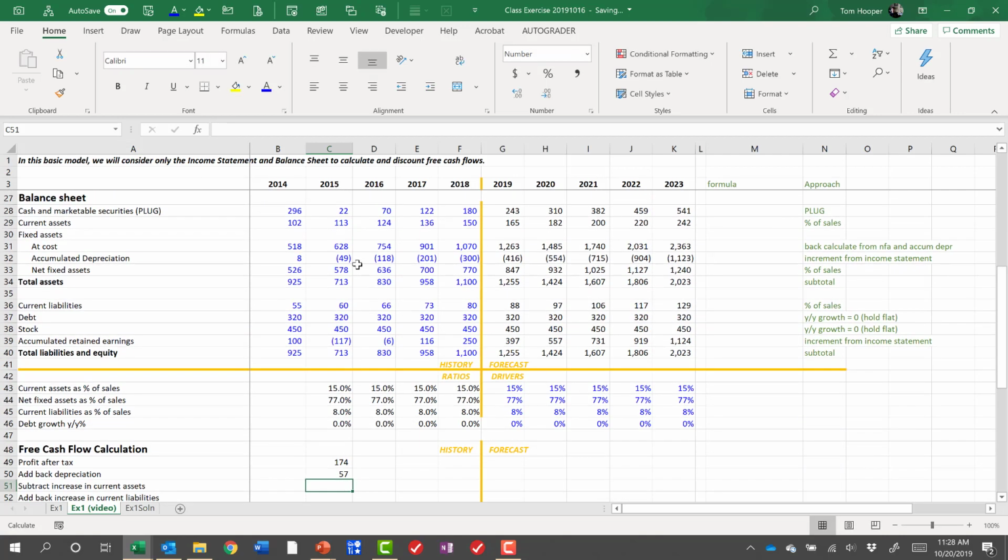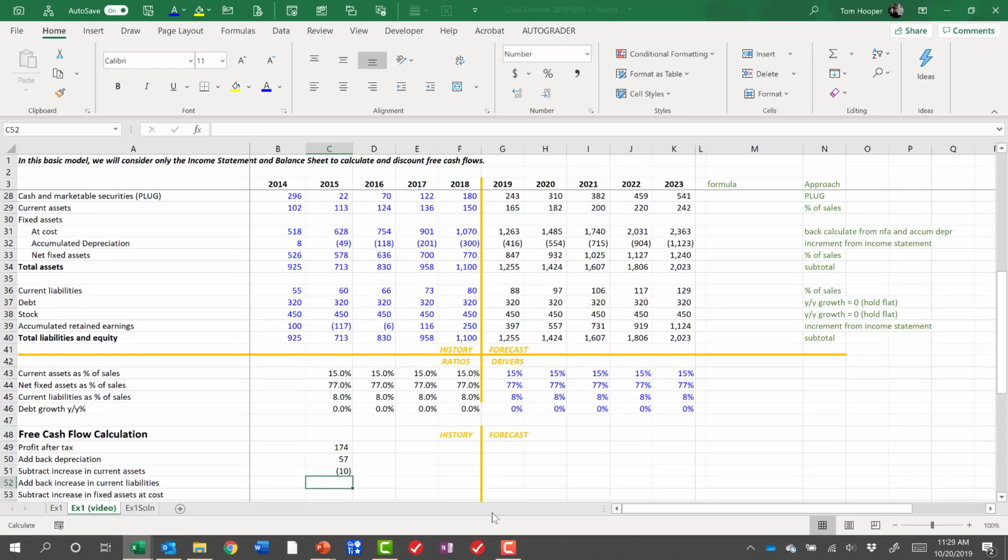Then we want to subtract our increase in current assets. So we'll subtract what our current assets are now minus what they were before, which means the increase. And by subtracting the increase, we're taking off 10. To add back the increase in current liabilities, we will add the difference.